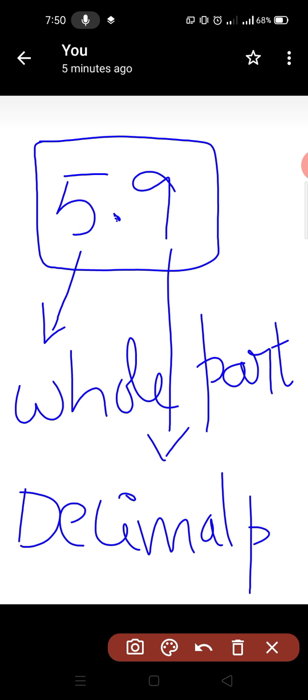So a decimal has two parts, whole part and decimal part. How can you identify a decimal number? By the decimal point. Take one more example, 10.03. Here 10 is the whole part and 03 is the decimal part or fractional part.